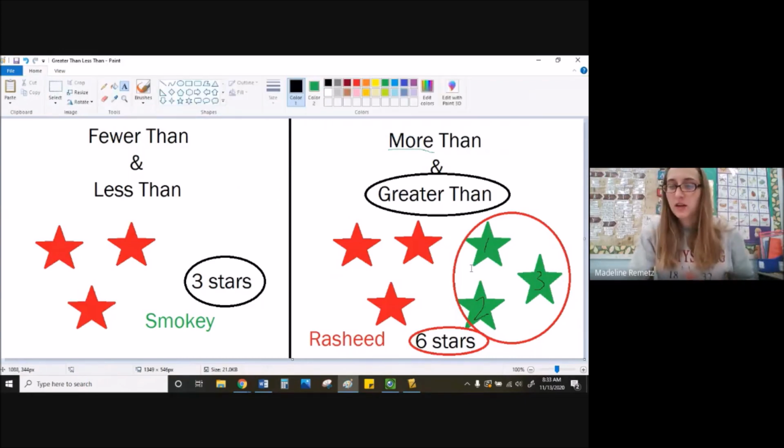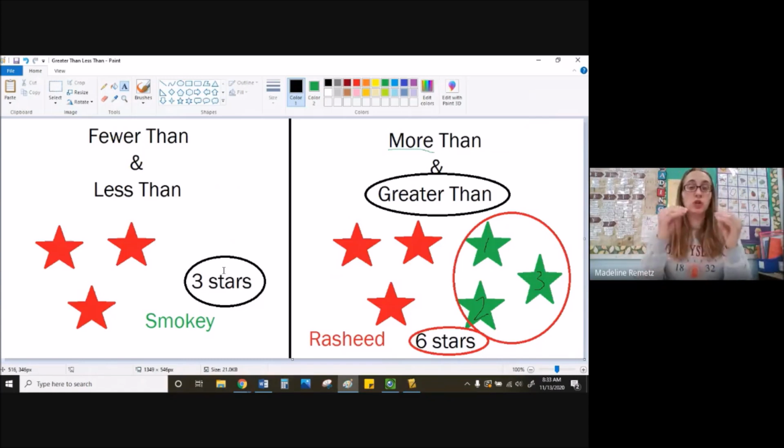And then when you add that 3 more, there's now 3 more than what Smokey had. The number is greater than. So before they had the same number, 3. Then he added 1, 2, 3 more. And now he's greater than Smokey. That's a little confusing to go back and forth between fewer than and less than.